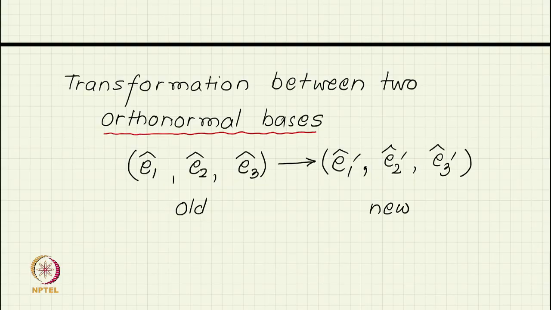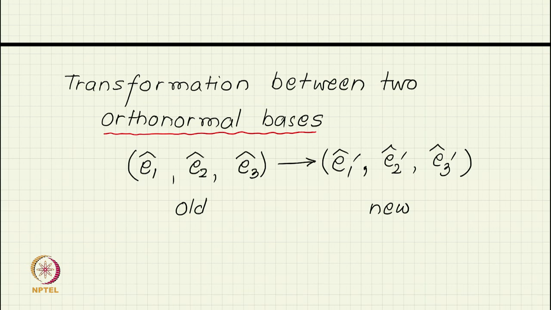However, while handling tensors, it is quite often important to use more than one orthonormal basis and transform the components from one basis to another. So, that is important. Now, instead of A B C, just to remind us that we are in the Cartesian coordinate system or orthonormal basis, I am using E 1, E 2, E 3 as unit vectors of the Cartesian system, instead of A B C, which gives us a hint that we are working in a crystallographic system.